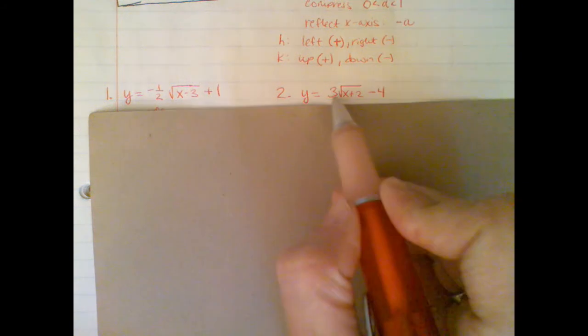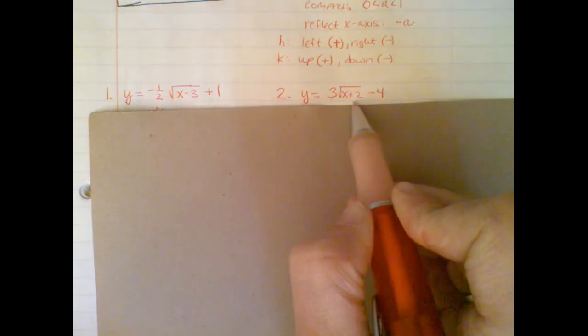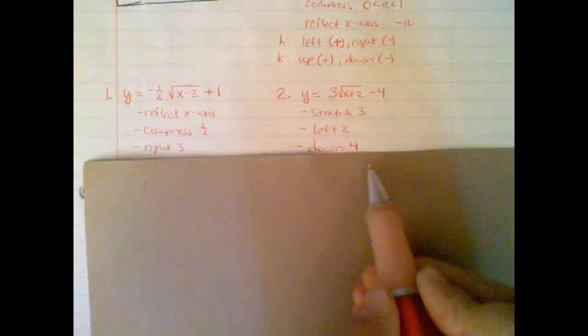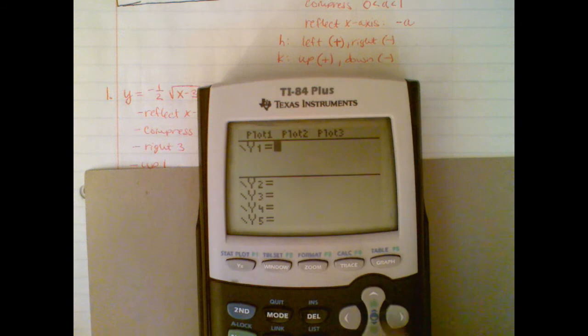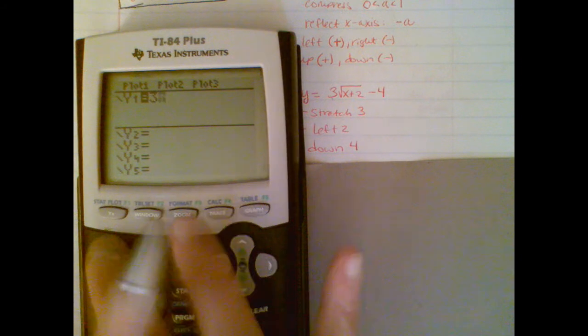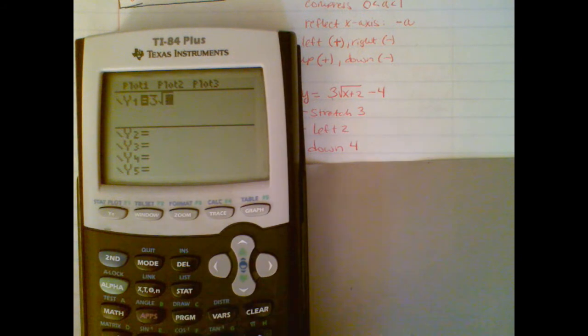We have 3 times the square root of x plus 2 minus 4. So the 3 means it's stretched by a factor of 3. The 2 means it goes to the left 2 and then down 4. So we have our transformations. As we're typing it in, a couple things that we should be expecting to get on the graph of this one. We should see it moves to the left 2, and it is going down 4.